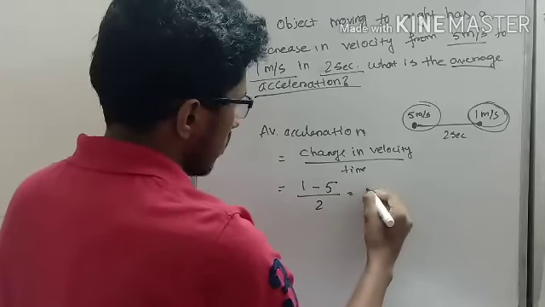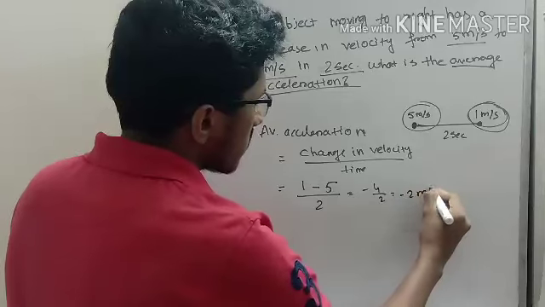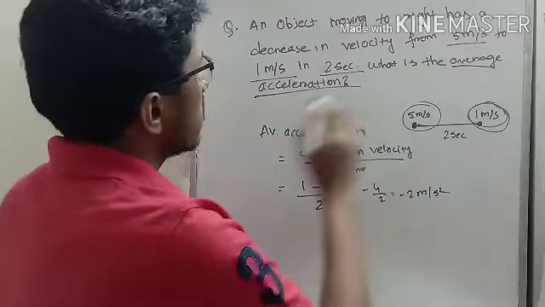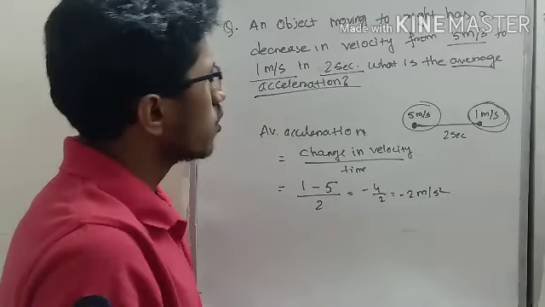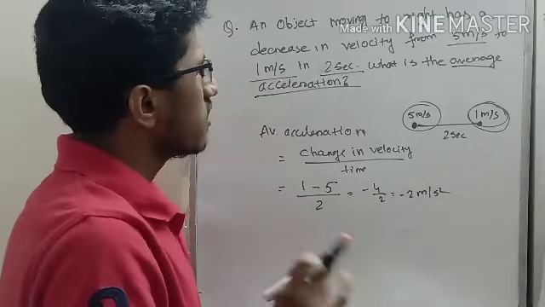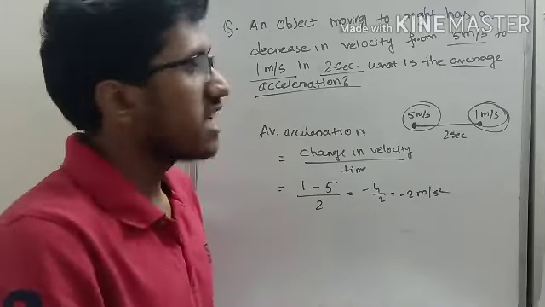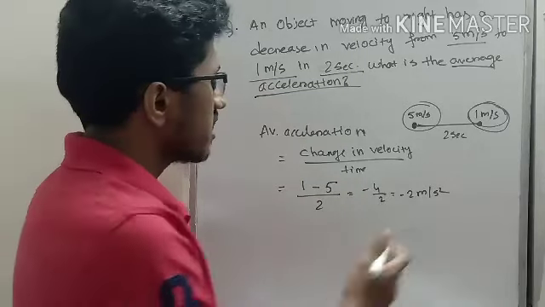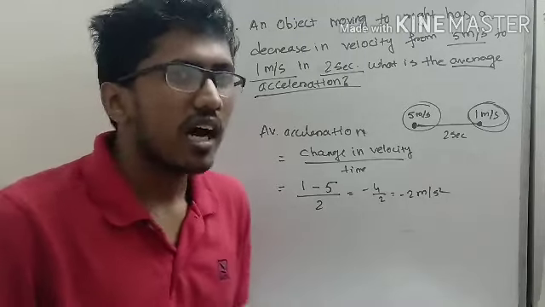That is 1 minus 5, which is minus 4, divided by 2, equal to minus 2 meters per second square. The answer is the average acceleration is minus 2 meters per second square, or you can say the retardation or deceleration is 2 meters per second square. If you say acceleration, then use minus 2 meters per second square, and if you use deceleration or retardation in your answer, then use retardation is 2 meters per second square. Okay, thank you.